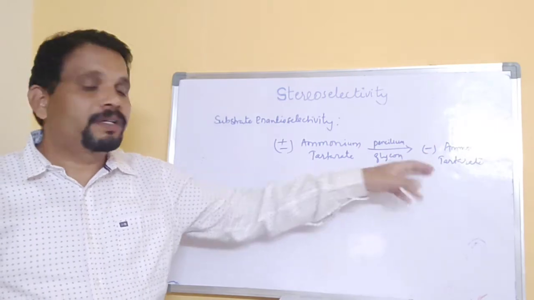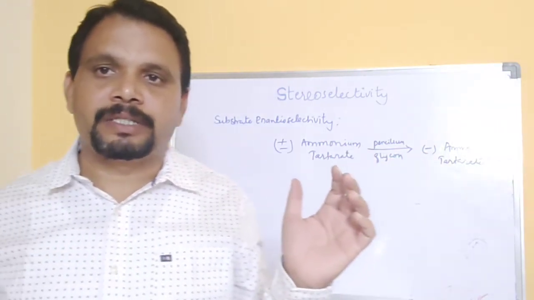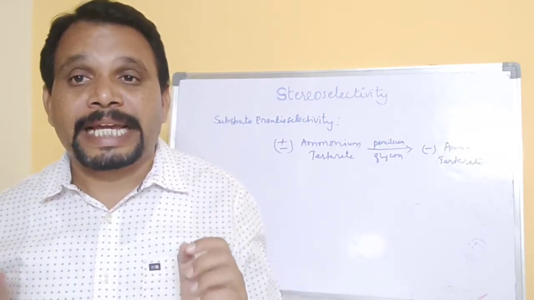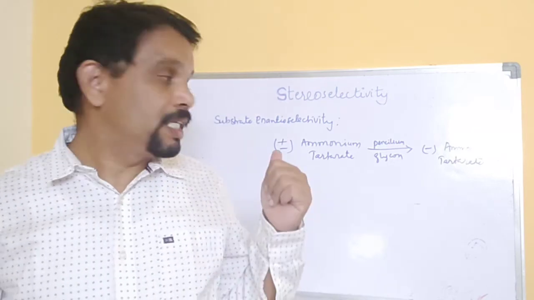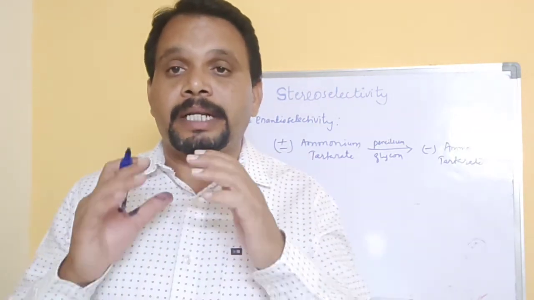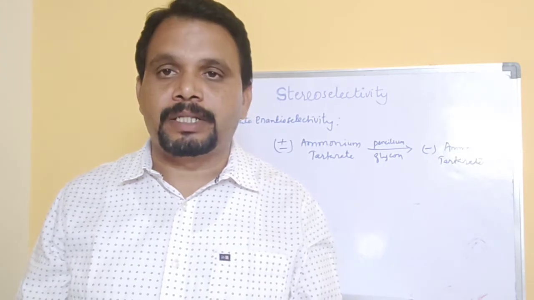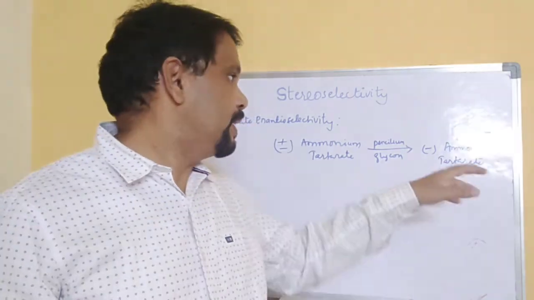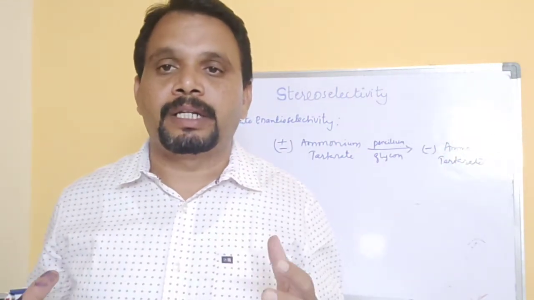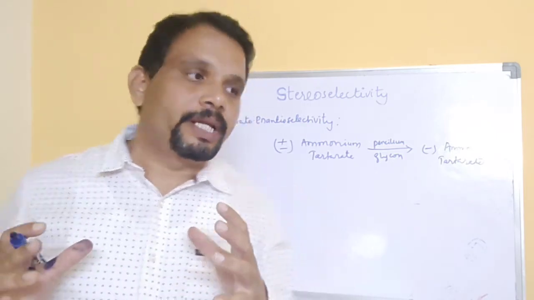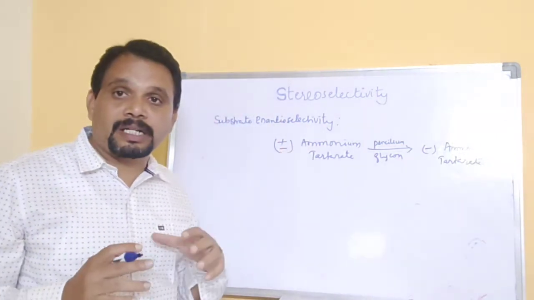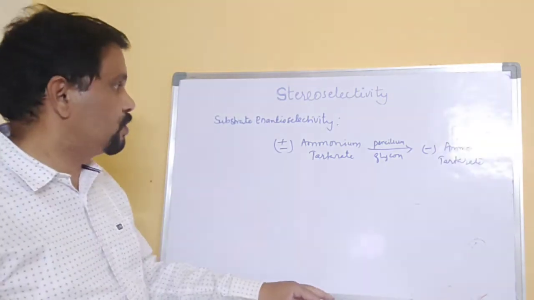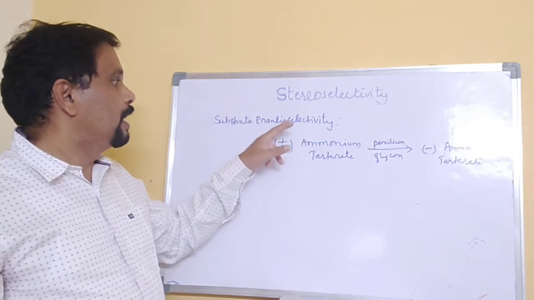The minus ammonium tartarate enantiomer can be separated, because the penicillium glycol reacts with the plus isomer and gives the complex product. So minus ammonium tartarate will be free. That's how you can isolate it from the plus or minus ammonium tartarate mixture. This is one example of substrate enantioselectivity.